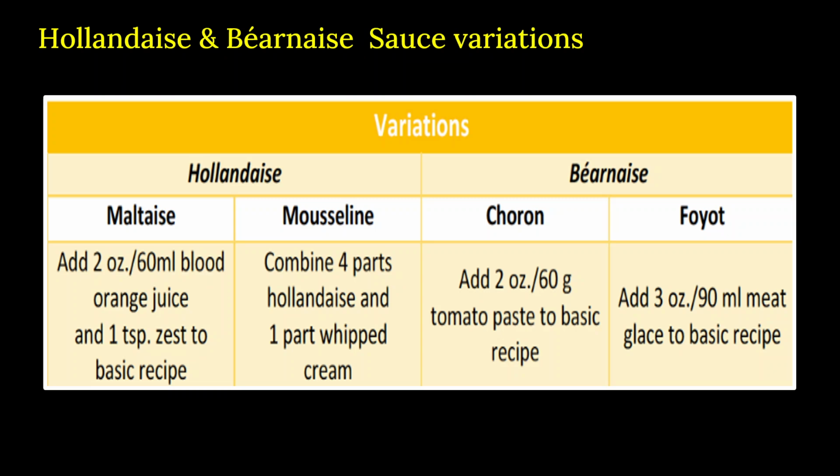That means it is a tomato flavored Bearnaise sauce, which is known as Choron. And Foyot, where 90 ml of meat glaze is added to the basic recipe of Bearnaise sauce. If you mix in the meat glaze proportionately as per the recipe you are going to follow, that will be transformed into a Foyot sauce.